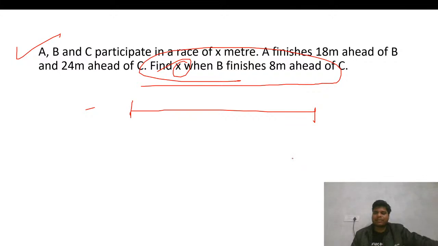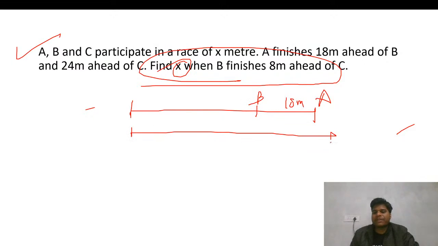A finishes 18 meter ahead of B, whereas B finishes, so this is the finishing line, B finishes 8 meter ahead of C. And this statement I missed, C finishes 6, so this is 6, this is 6.